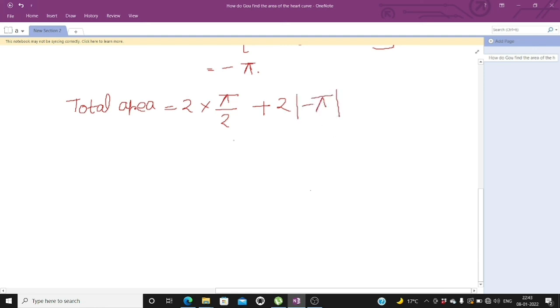As we know that area will never be negative, so 2 pi. So our total area will become 3 pi. Okay, so we find that the area of the heart is 3 times pi. That is an irrational number.